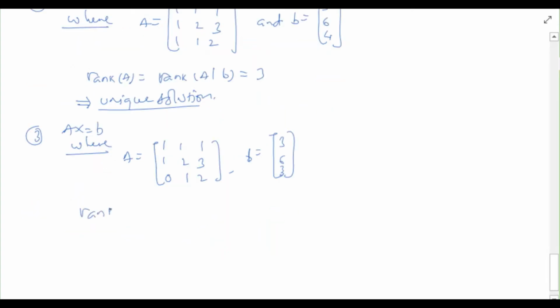Rank of A, as we saw, is 2, and now it can be seen that rank of AB is also 2. So A and the augmented matrix have the same rank, but both are less than the number of variables 3. So in this case we will have infinitely many solutions.